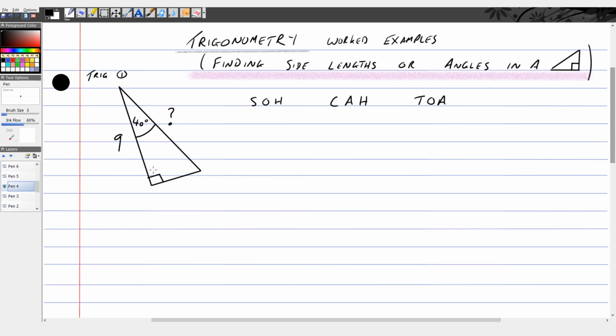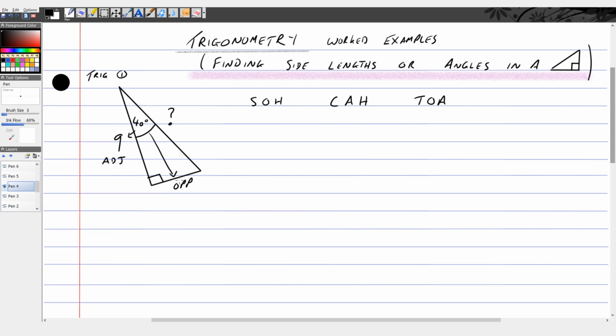And opposite and adjacent depends on where the angle is. So this is our angle, so the opposite side, the one opposite to the angle, is here. The side next to the angle, as in right next to it, is here. So this is the adjacent side, and it's worth 9.